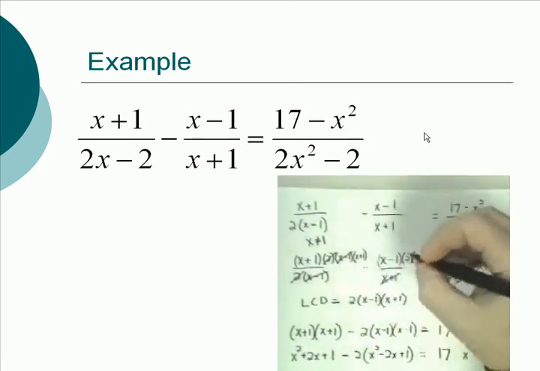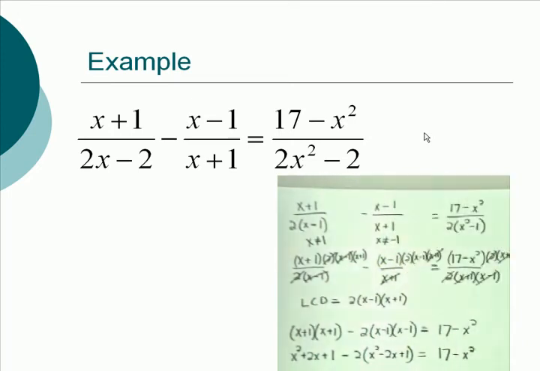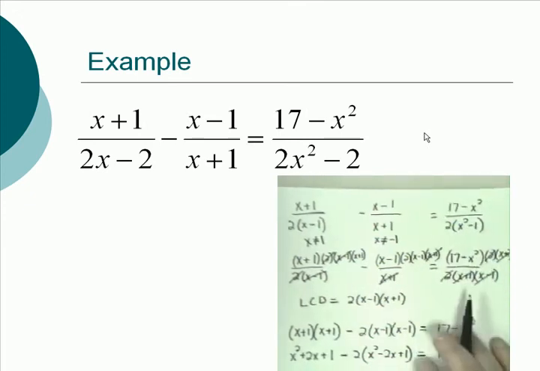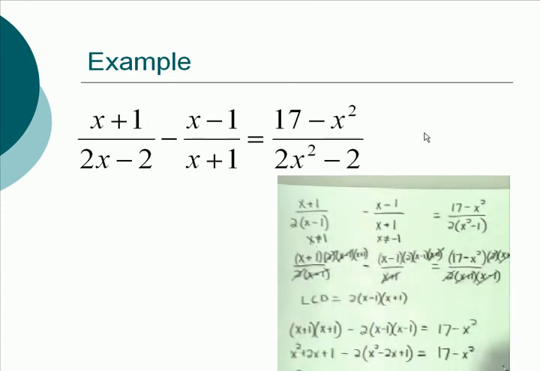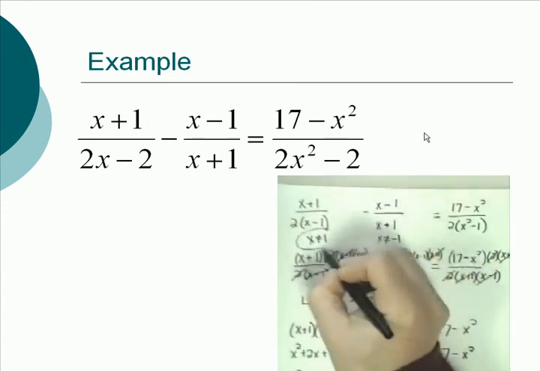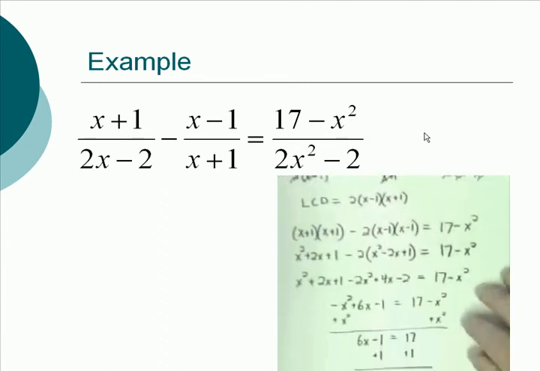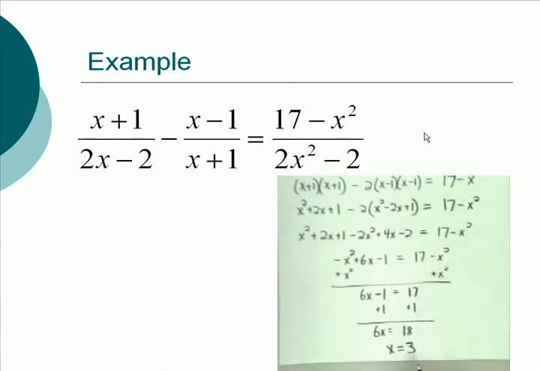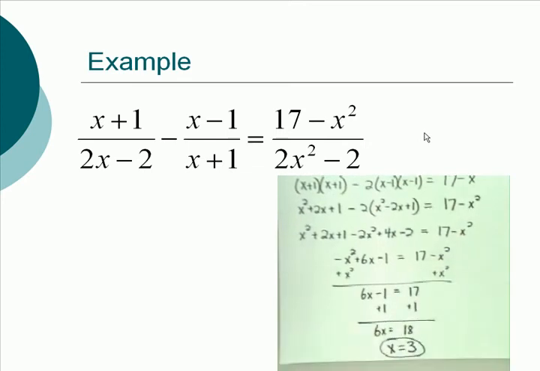Here, from this denominator, x plus 1 cannot equal 0, so we have to recognize that x cannot equal negative 1. And x squared minus 1 factored into x plus 1 and x minus 1, so we have the same two restrictions. Our two restrictions are x cannot equal 1 and x cannot equal negative 1. There's no conflict there with the solution we arrived at, and so x equals 3 is the correct solution to this equation.